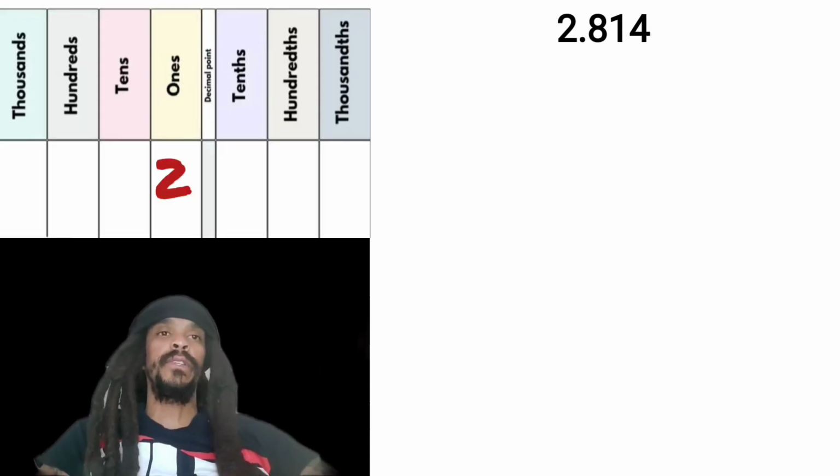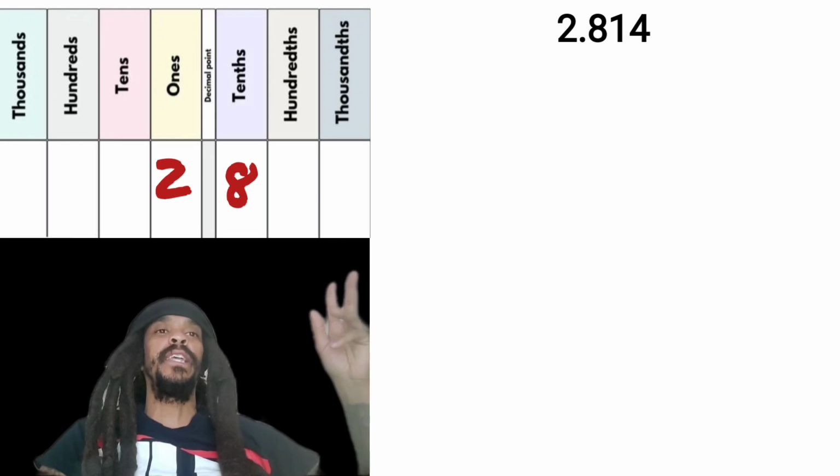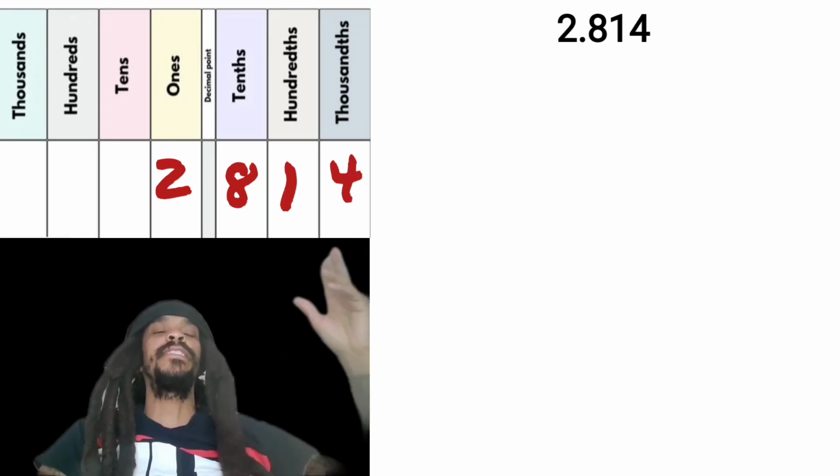All right, now let's do the same thing with another one. We got 2 and 814 thousandths. So we're going to write in our placement value chart, we got a 2 in the ones place, 8 in the tenths place, 1 in the hundredths place, 4 in the thousandths place.